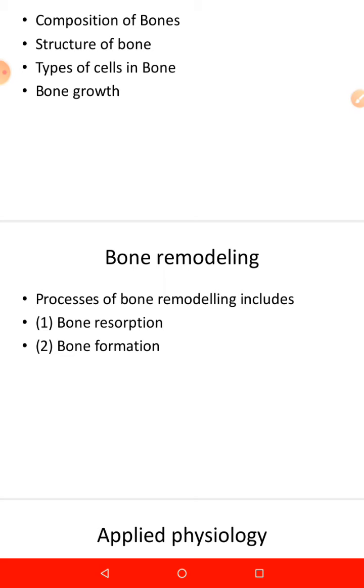In adults, toughness of bone is maintained, and also mechanical integrity of the skeleton is maintained throughout life. And also bone remodeling is important in blood calcium level maintenance.